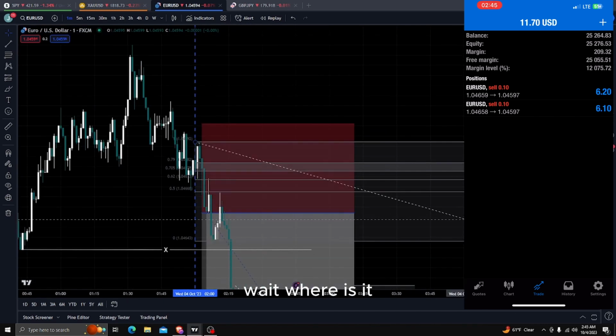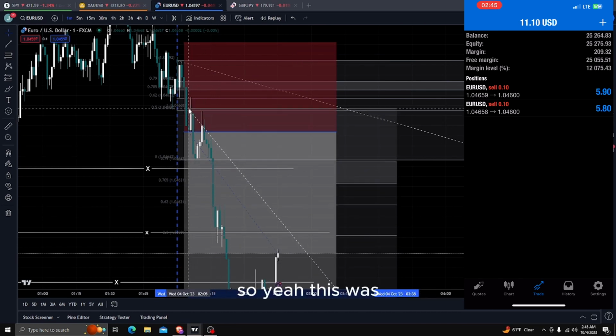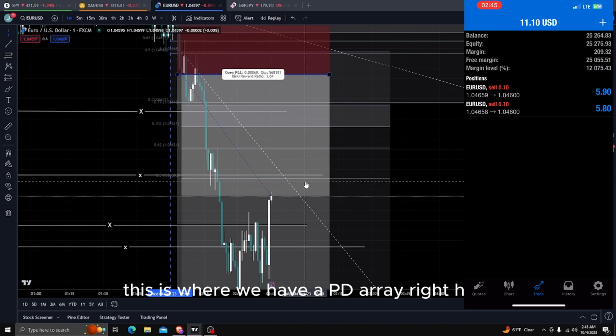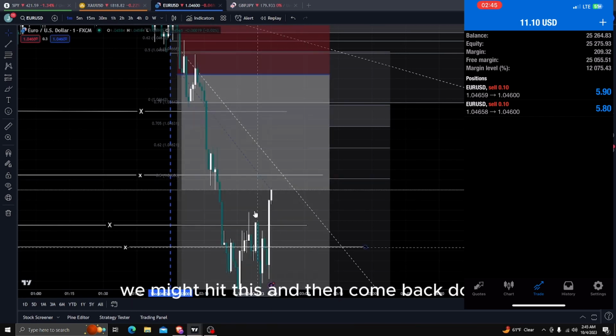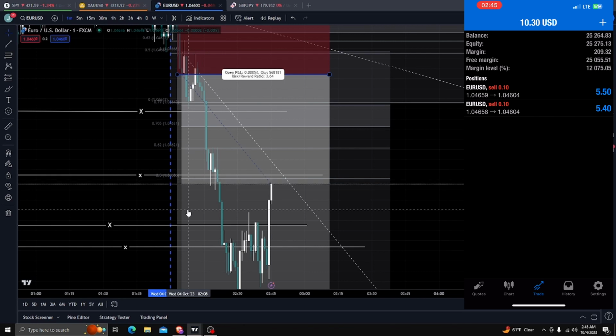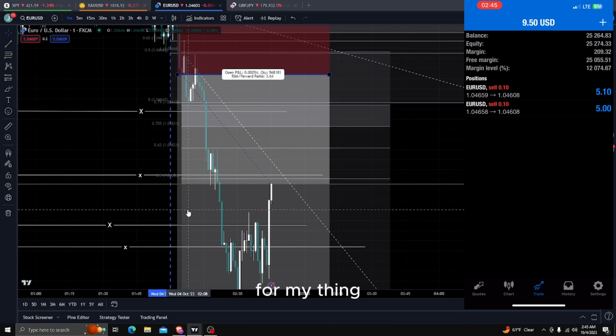Wait, where is it? There should be one last one. Okay. So yeah, this is where we have a PD array right here. We might hit this and then come back down, but it doesn't really matter. If we can hit it, that would actually be even better for my thing.